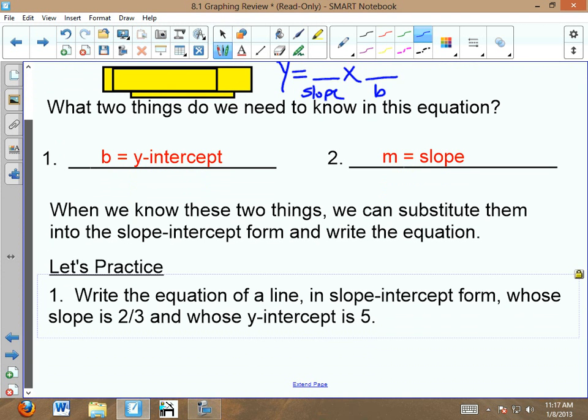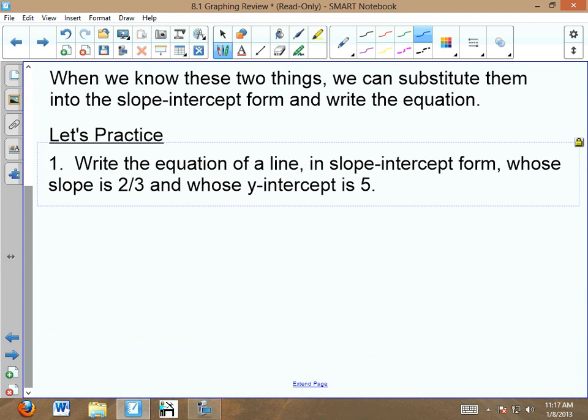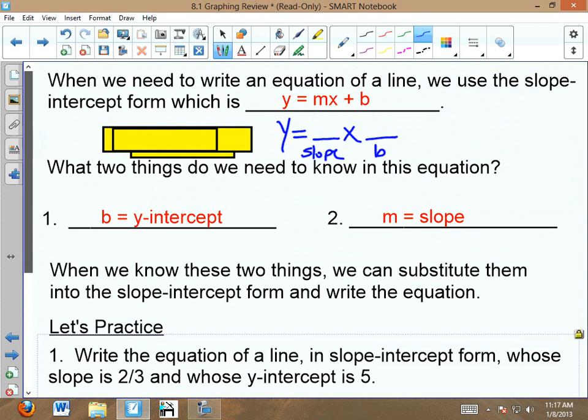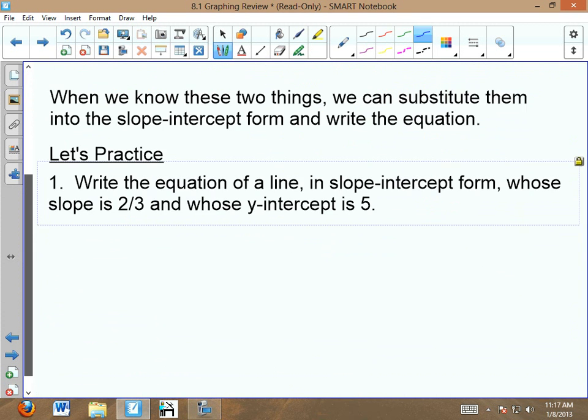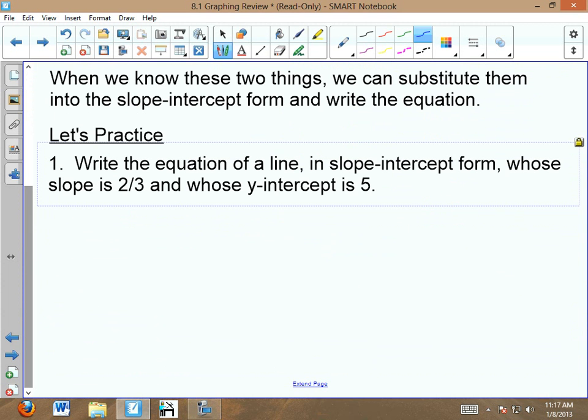So, let's practice. Remember blank, y equals blank x blank. Write the equation of a line in slope-intercept form, y equals blank x blank, whose slope is 2/3 and whose y-intercept is 5.